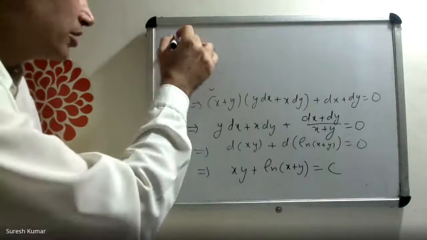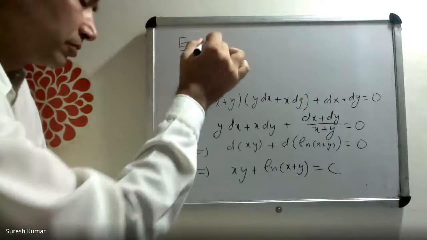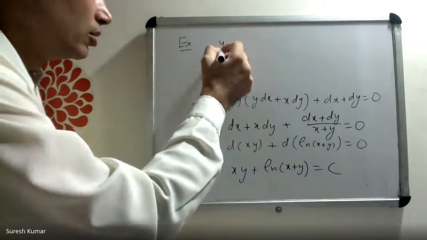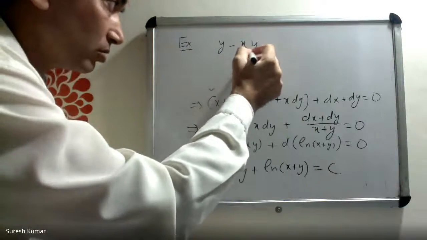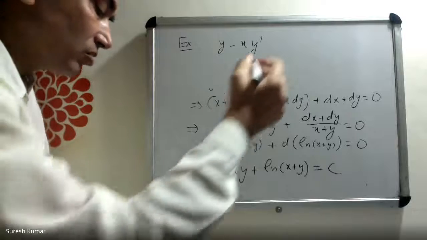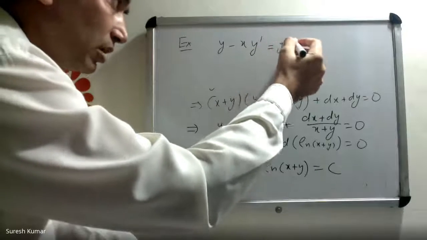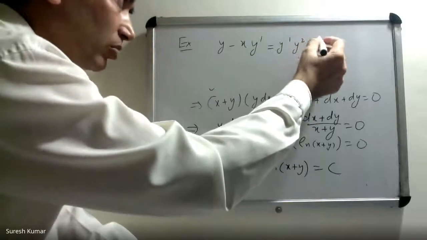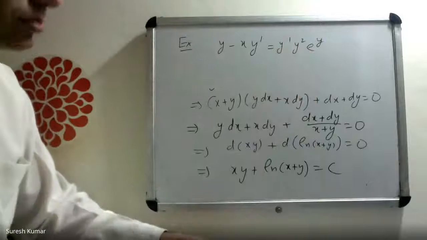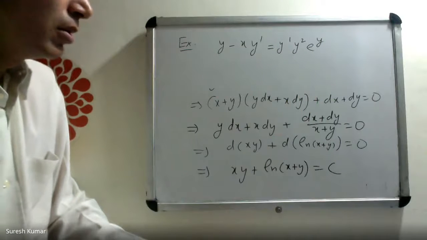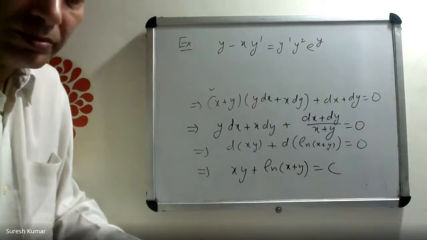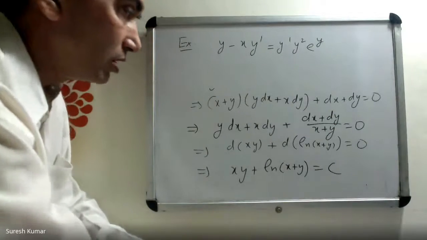Okay, now I'm writing another problem. You have to think how to do it. y minus xy prime equal to y prime y square e power y. It looks like a strange form, but if you think carefully, you can deal with it.